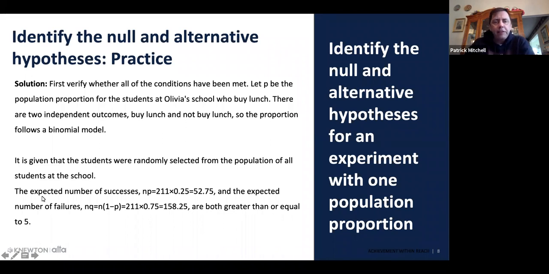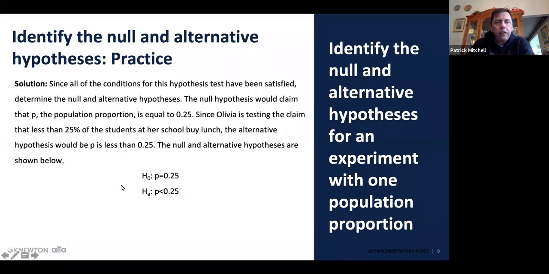And finally, the expected number of successes, n times p, would be 211 times 0.25, which is 52.75. And the expected number of failures, n times q, would be 211 times 0.75, which is 158.25. So those are both greater than or equal to 5, and all the conditions have been met.